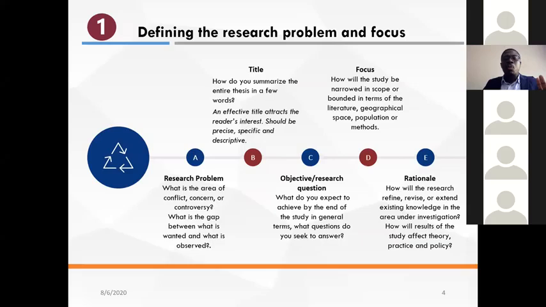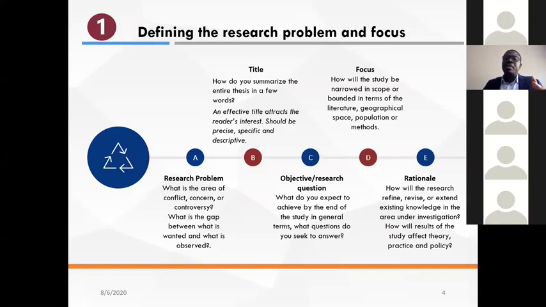And so what is the area of conflict, or what is the area of concern or controversy that you want to research on? For PhD work, most of the time we are interested in the knowledge gap. And so what is the gap in the knowledge that you think your work will help to fill? And then once you are able to identify a problem and it is well formulated, on the basis of that, you can have your title or your topic.